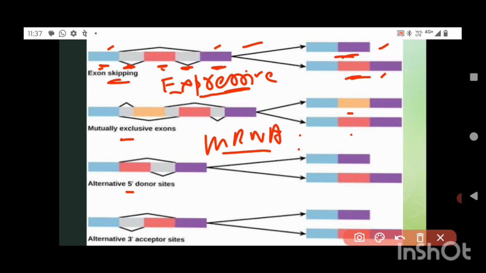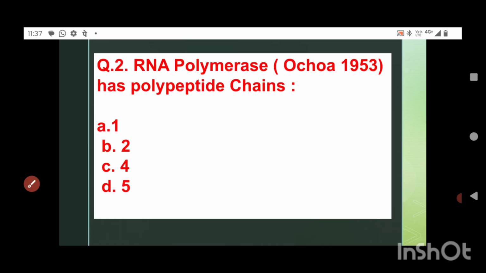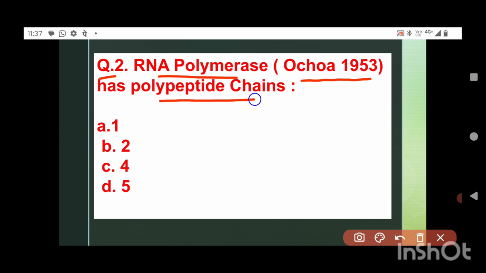Okay. Now the next question. In question number 2, it is asked how many polypeptide chains are in the RNA polymerase holoenzyme.